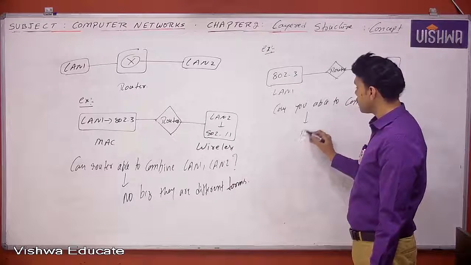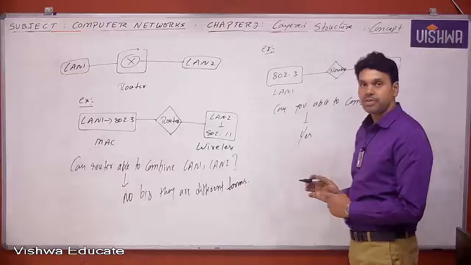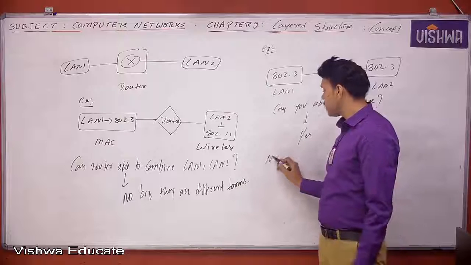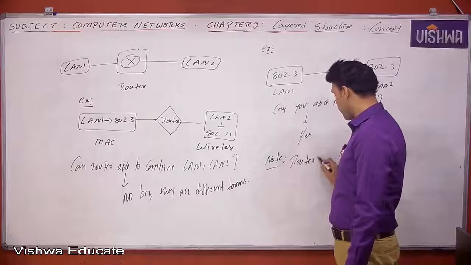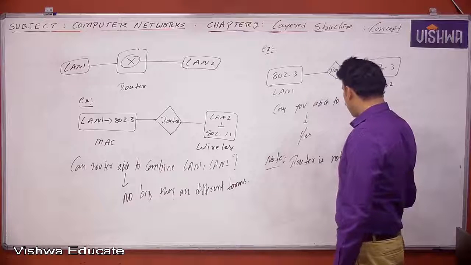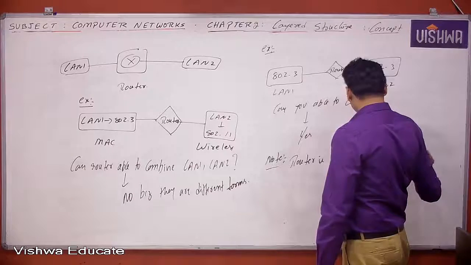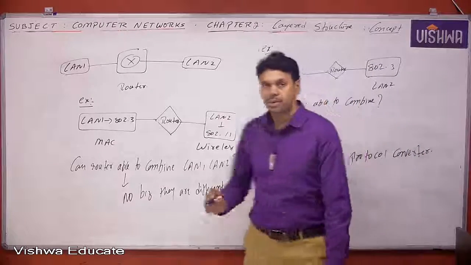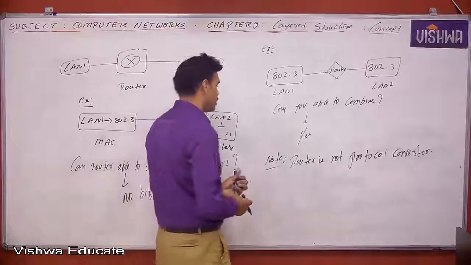The answer is yes, because both are the same form. So what is the meaning of that? A router is not a protocol converter. That's a very important thing. A router is not a protocol converter.